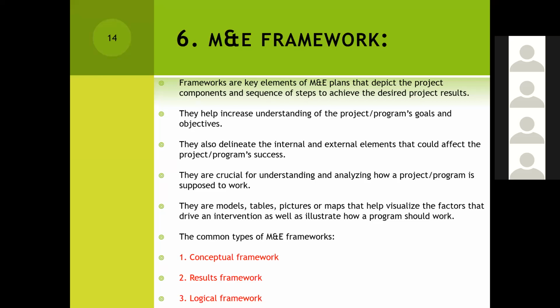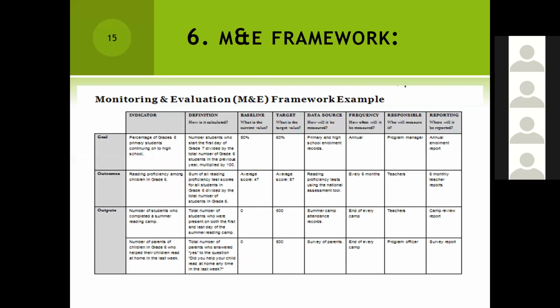So what you're seeing there is a good example of a results framework, where you're able to indicate the results that you have for your project, the indicator, then the indicator definition. Then you're able to have your baseline, the baseline indicator, your target indicator. You're able to indicate the data sources where you will get the data to measure those indicators.